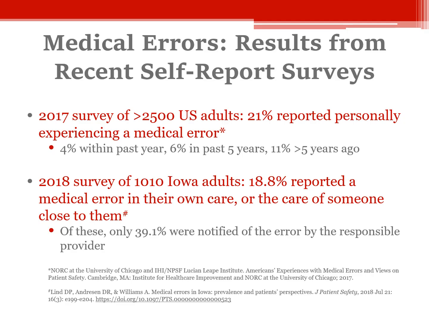They surveyed more than 2,500 adults in the United States. And what they found in this snapshot was that 21% of the respondents reported having personally experienced a medical error, meaning they themselves had been to a hospital or some other healthcare facility and experienced a medical error. Many of these had happened within just the past 12 months.